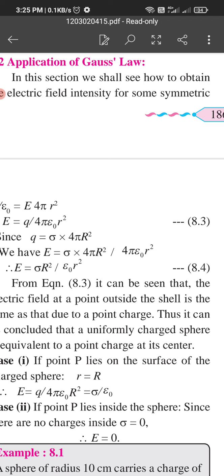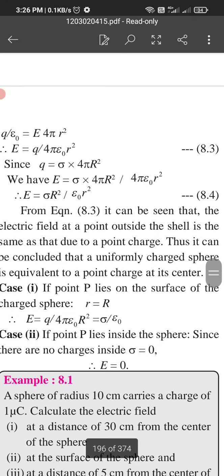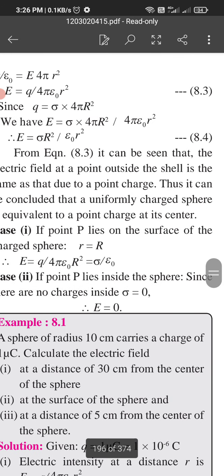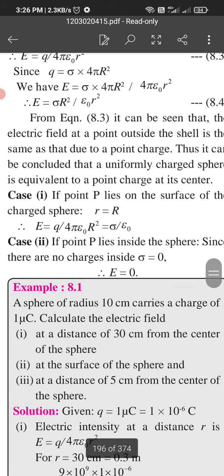Case second, if the point lies inside the sphere, then the charge enclosed is 0, then E is equal to 0. Say example: a sphere of radius 10 cm carries a charge of 1 microcoulomb. Calculate electric field at a distance of 30 cm from the center of the sphere, at the surface of the sphere, and at a distance of 5 cm from the center of the sphere.